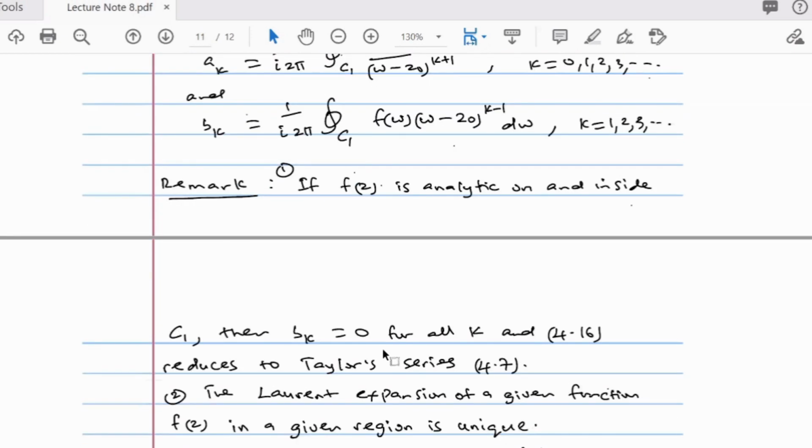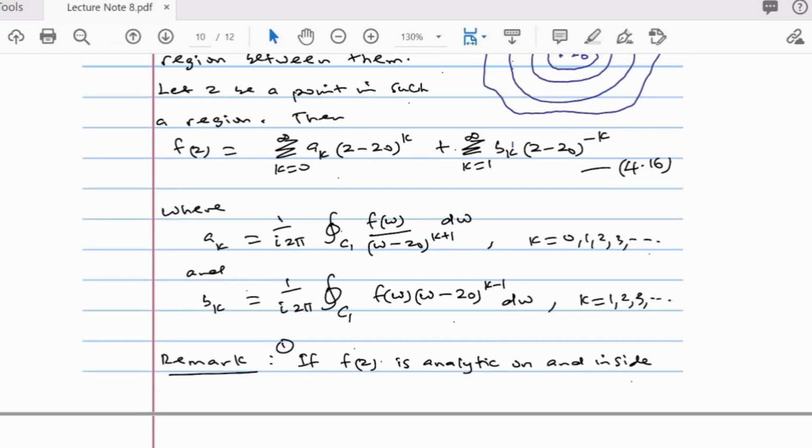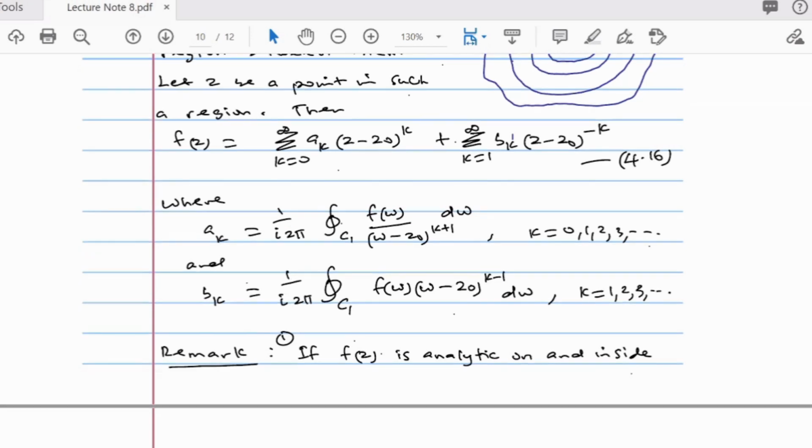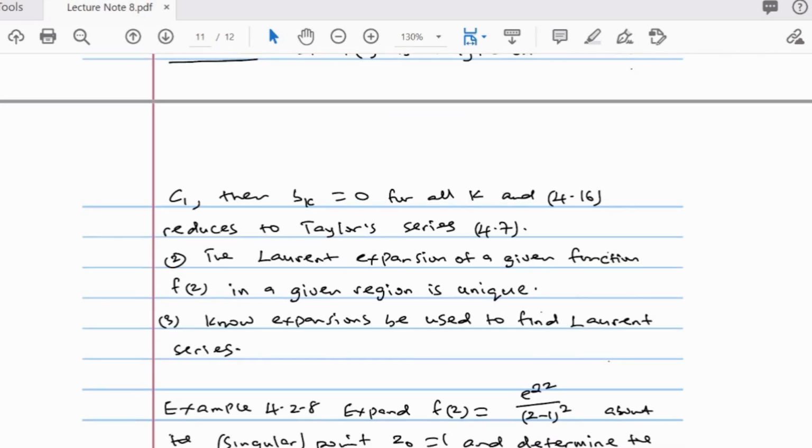So b_k will be 0, and if b_k equals 0, you put b_k equals 0 here, so that means all of this will be 0. So that means your Laurent series becomes the Taylor series. So whenever your function f of z is analytic on the boundary of the circle and inside the circle, it means that your Laurent series becomes your Taylor series.